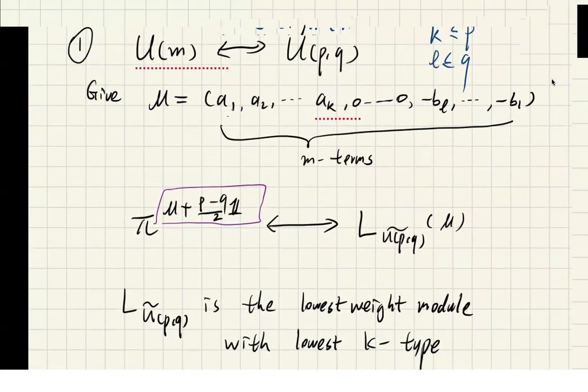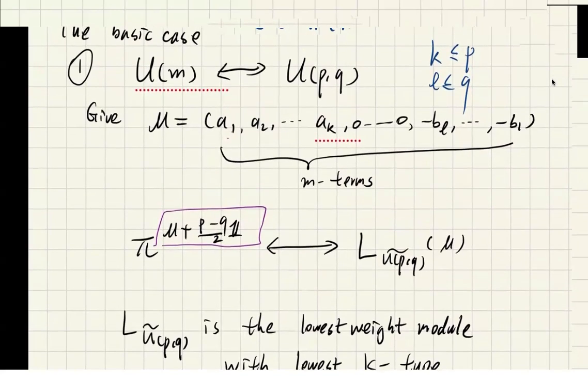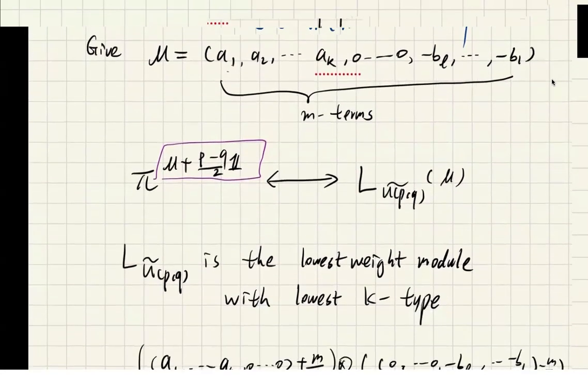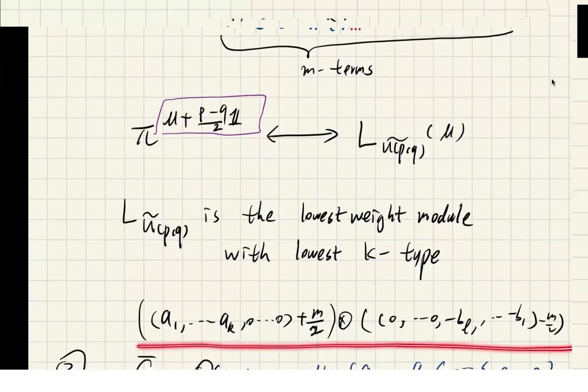Okay, so you always need this kind of shift. And then this irreducible representation will correspond to the lowest weight module of U(p,q), where this U(p,q) lowest weight module has lowest K-type of this form.